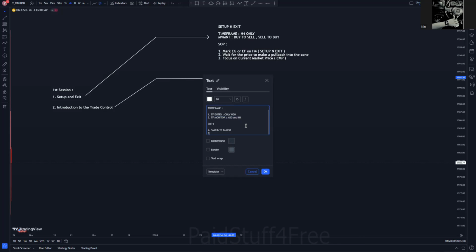Then number 5, what do we need to do? We are going to look for the same EG or EF as our setup.